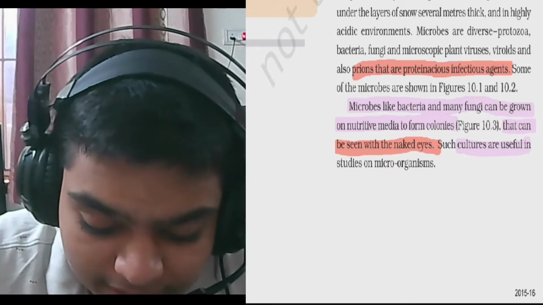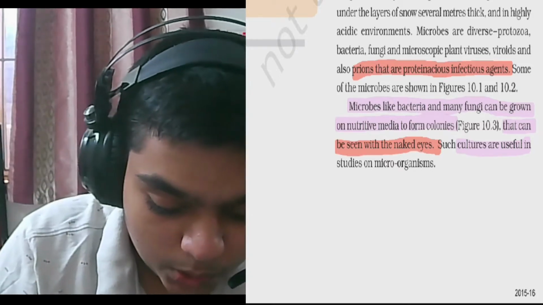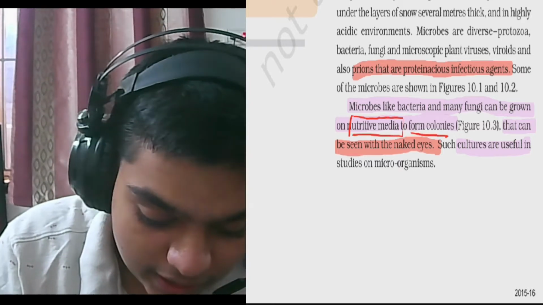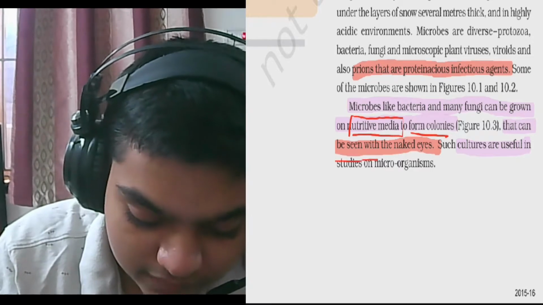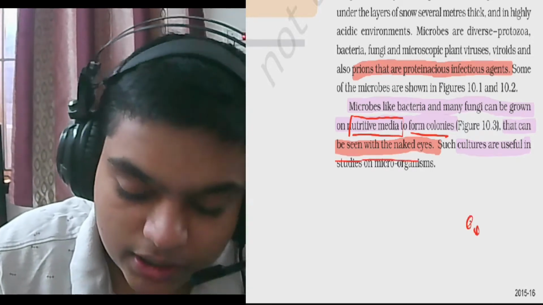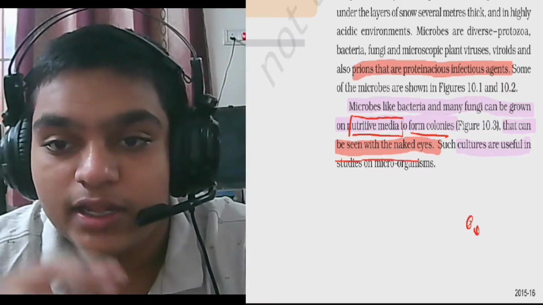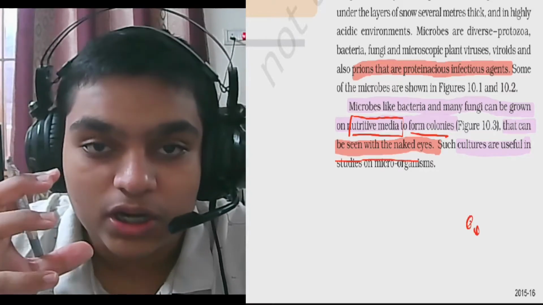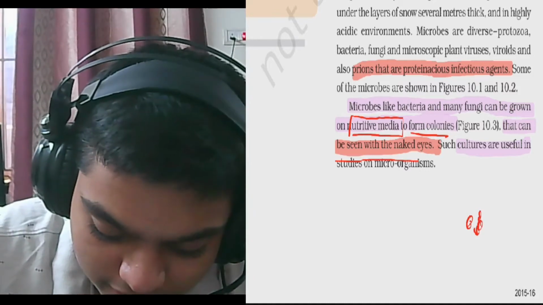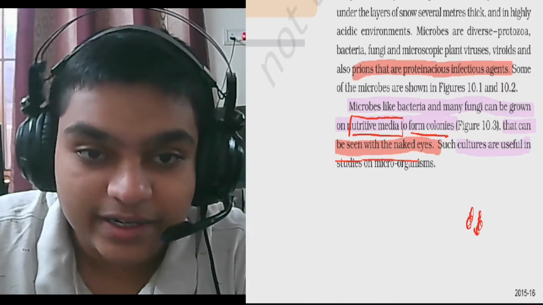Microbes like bacteria and fungi are grown in nutritive media to form colonies that can be seen with our naked eyes. So if you put these microbes and bacteria in nutritive media, they grow into colonies. They become a bunch like this. Have you ever seen algae growing in stagnant water?